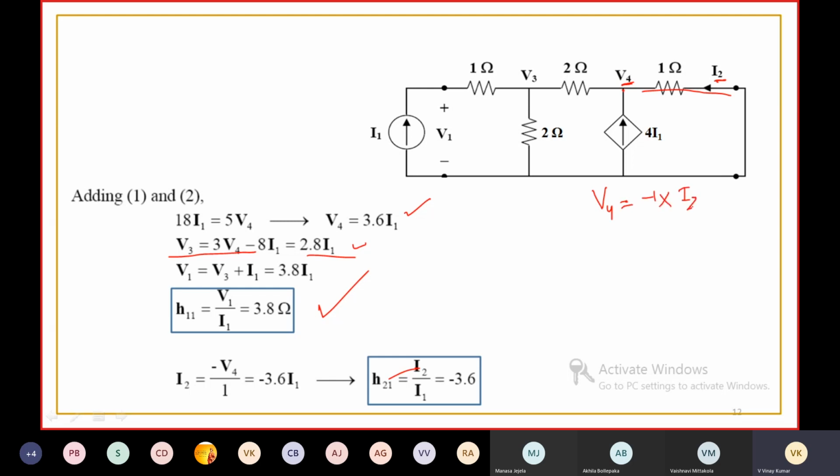Then you can get I2 is equal to minus V4 by 1, which is equal to minus 3.6 into I1. Use this equation, then we will get H21. H21 is equal to I2 by I1, which is equal to minus 2.